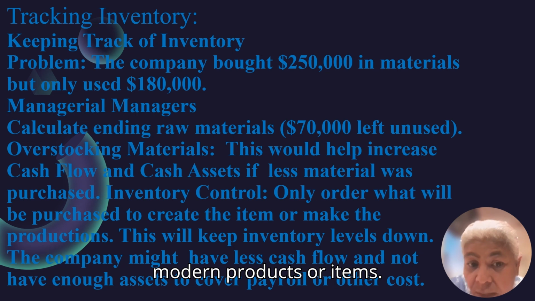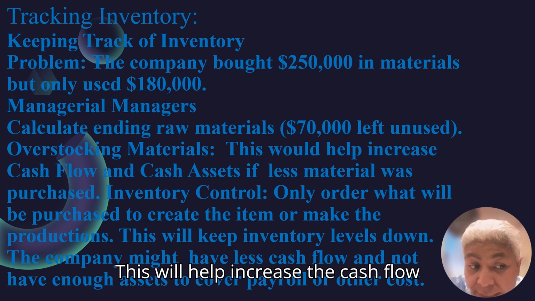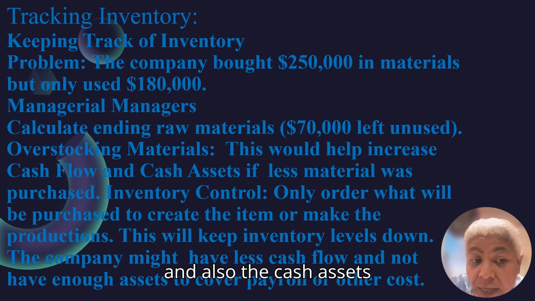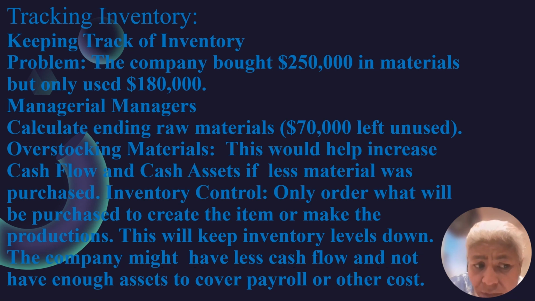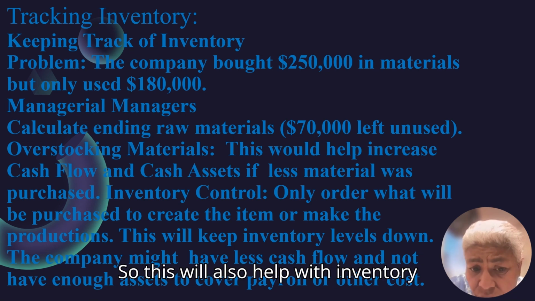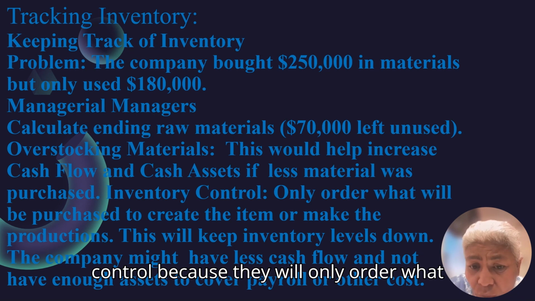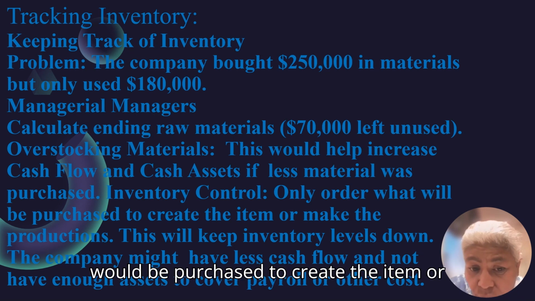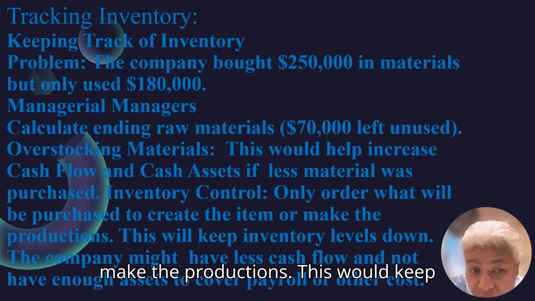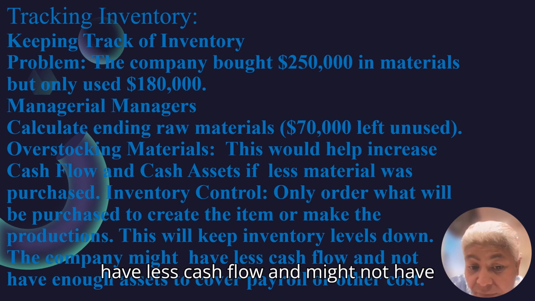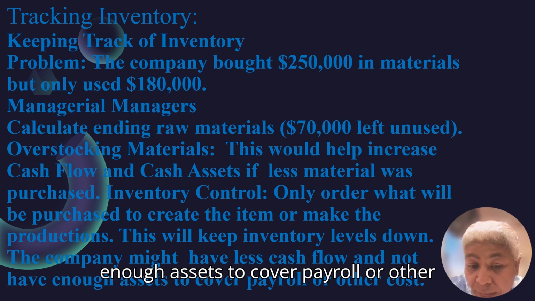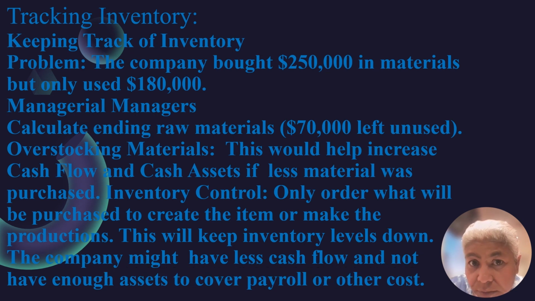This will help increase the cash flow and also the cash assets if less material was purchased. This will also help with inventory control because they will only order what is needed to create the item or make the production. This would keep inventory levels down. Otherwise, the company might have less cash flow and might not have enough assets to cover payroll or other costs.